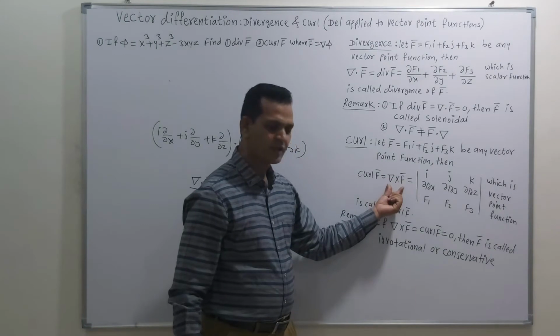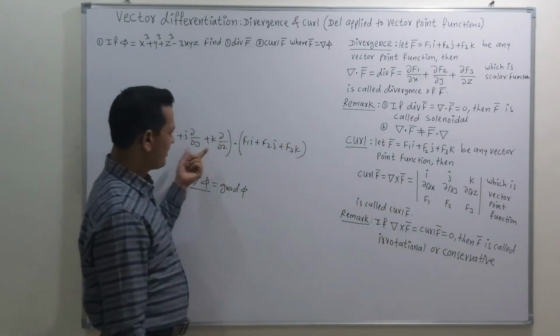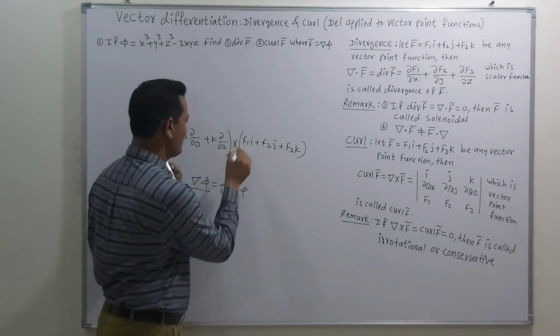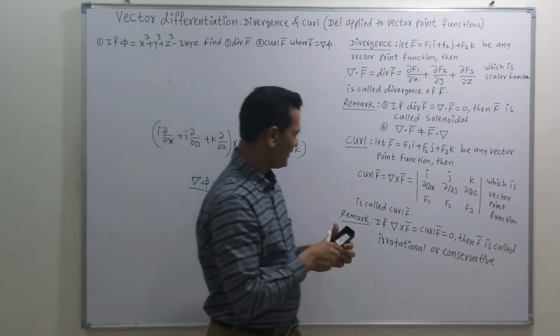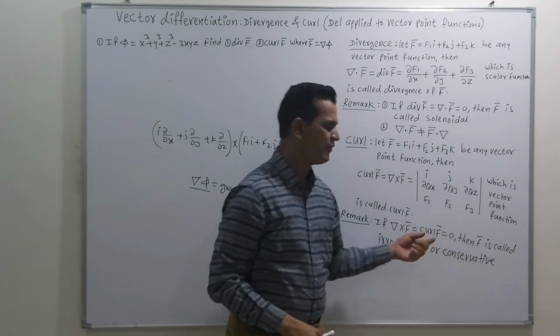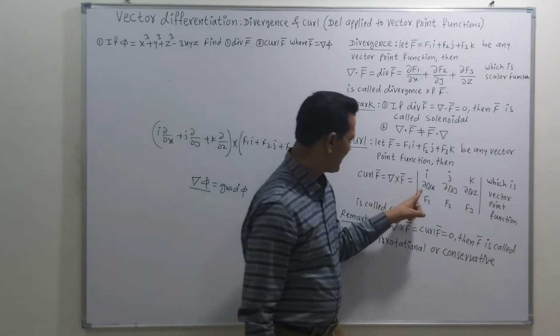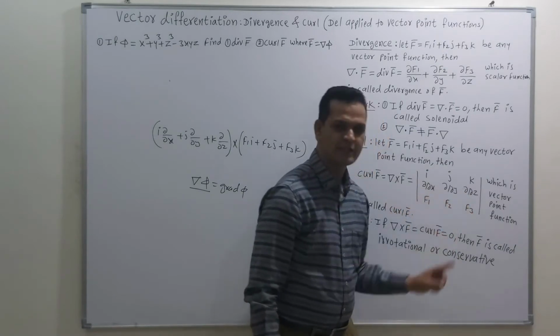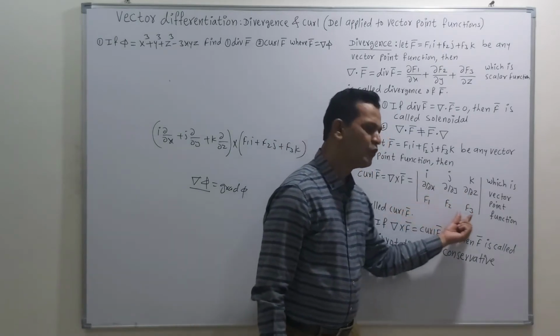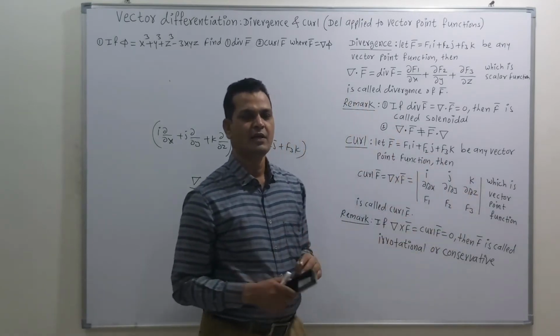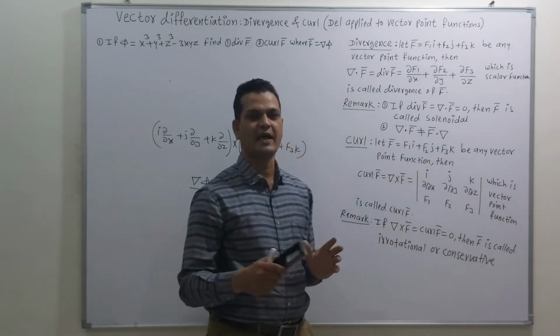After taking the cross product of the del operator and f bar, we obtain a determinant whose first row is the unit vectors i, j, k, then the partial derivatives with respect to x, y, z, then f1, f2, f3. If we evaluate this determinant, we get an answer with unit vectors i, j, k.